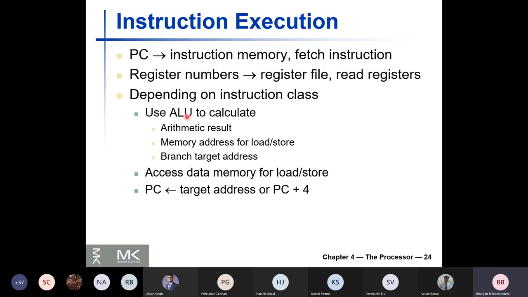For all these operations, we need the arithmetic logic unit, either for performing addition or subtraction, computation of the memory address for load and store, which also needs addition, and the branch target address, which also needs an addition process. And then access data for load and store. And we need a mechanism for incrementing the PC regularly. So the current value of the PC should be incremented by PC plus 4 unless there is a branch or jump instruction.